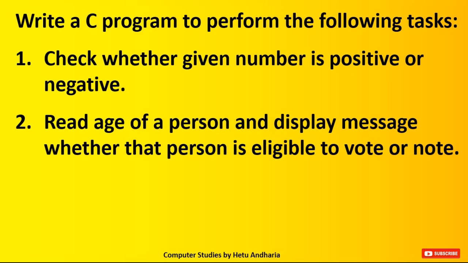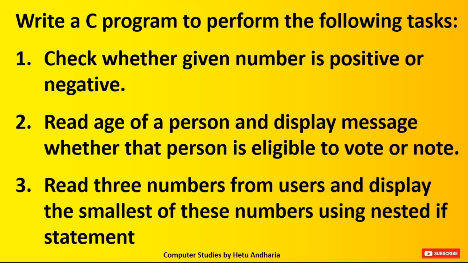You will have to store that value of person in a variable named age, and you will have to compare: is age greater than 18? Then you will have to give the if part. Yes, then you are eligible. And else. In else part you will have to write no, you are not eligible. And third number is just similar to the program which we did just now. That is read 3 numbers from user and display the smallest of these 3 numbers using nested if.